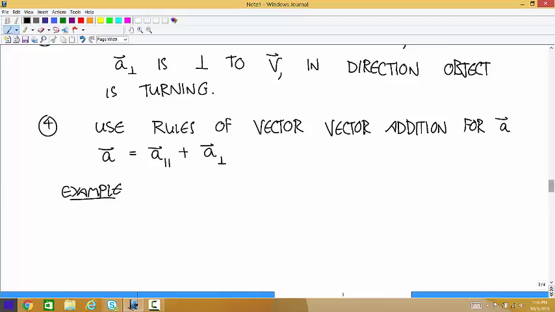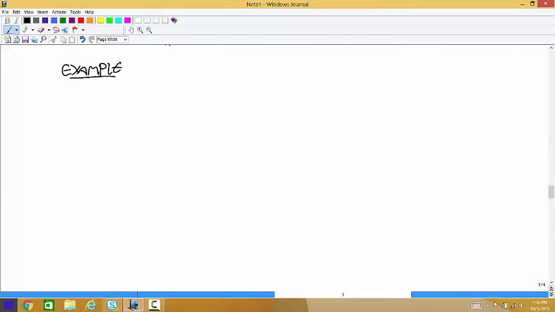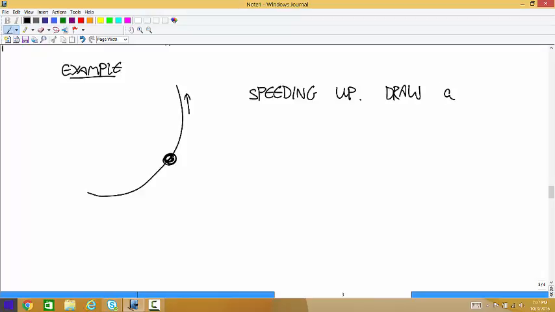The first one. So let's say that an object is moving in a path like this, and it's going this direction, and let's say it's speeding up. And we want to draw the acceleration vector.